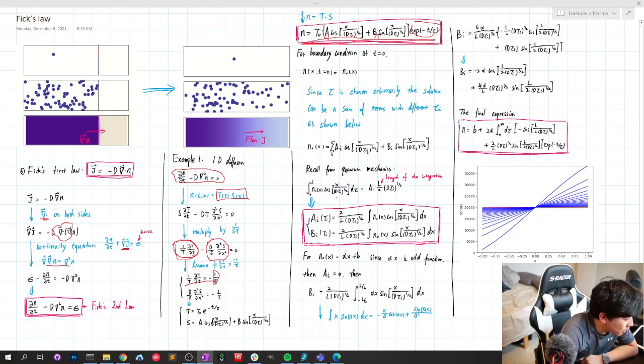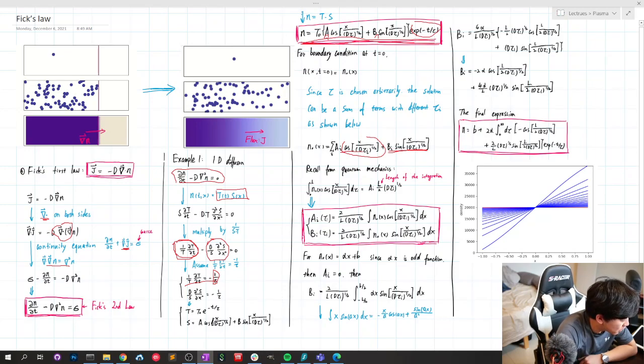So anyway, the essential is to do the integral of n multiplied by, say, cosine, on both sides, and do the integral from 0 to L. Since this will be an odd function, over a long period it will average to 0. This will average to L over 2, and this is what we have.